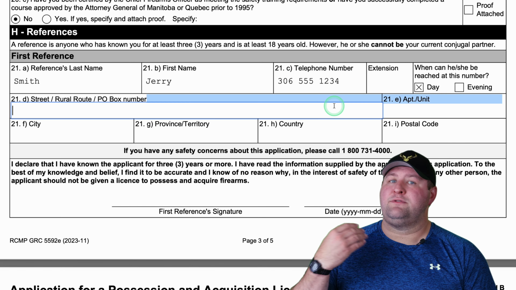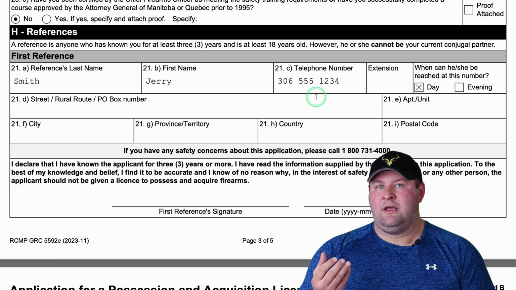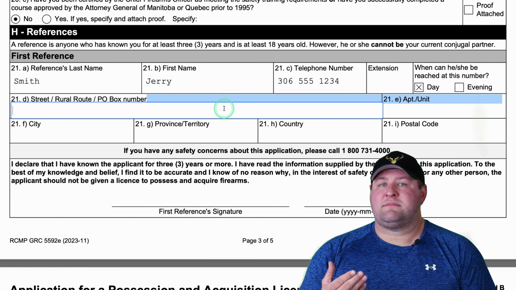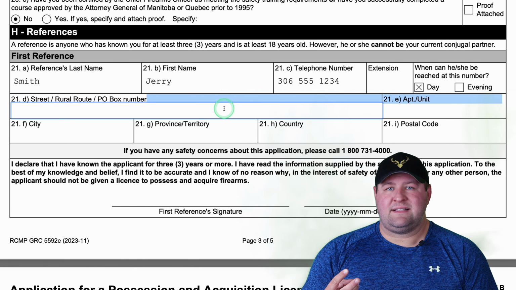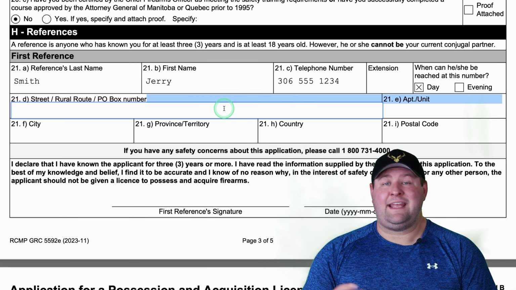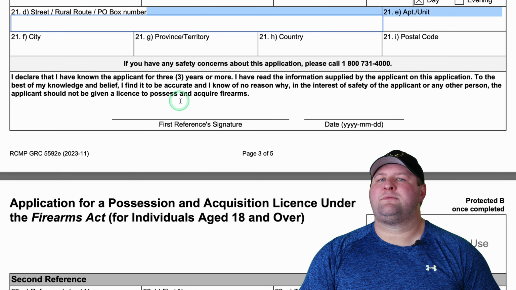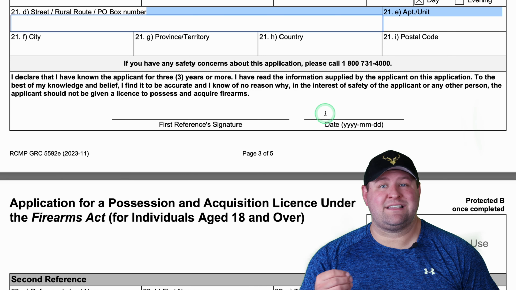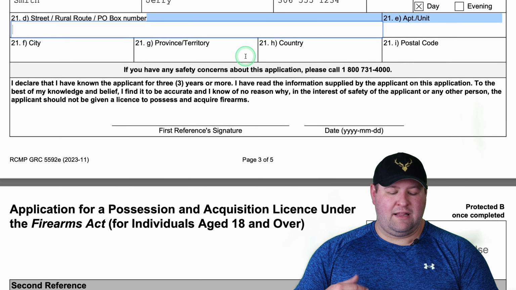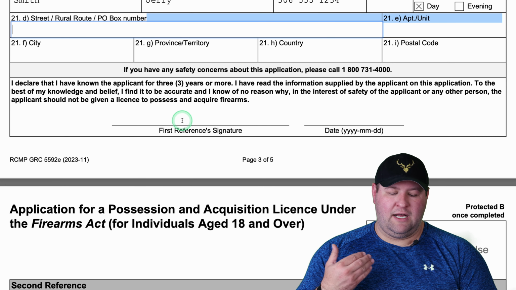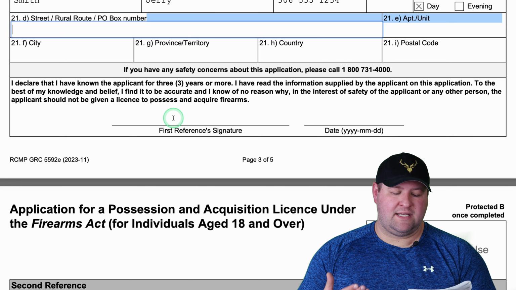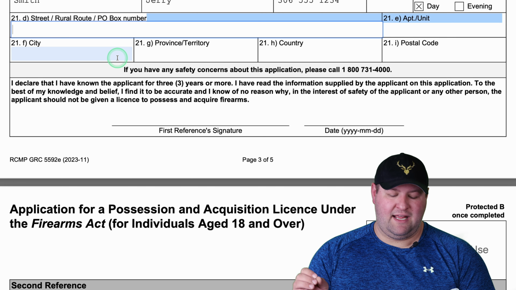With the restricted, they used to contact both. So if the Canadian Firearms Center tries twice and your buddy doesn't answer, they give up, your application is stalled. So make sure you pick someone who is easy to get a hold of and who answers their phone. So get their last name, first name, their phone number, their address, and make sure they sign it and date it.